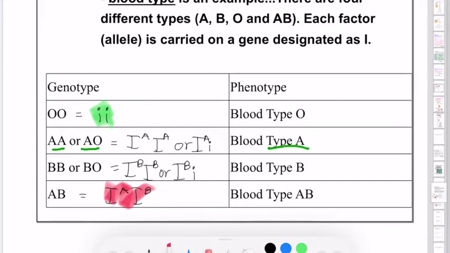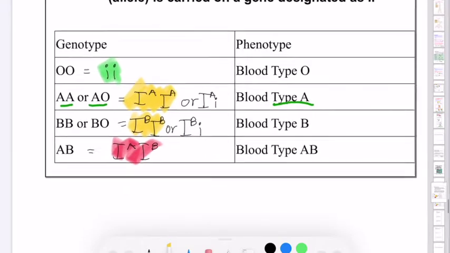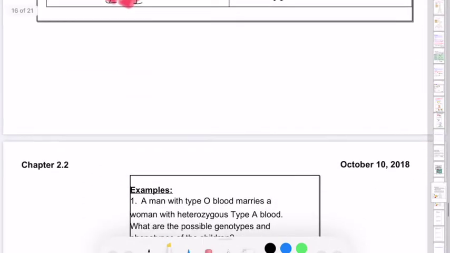And then if we're looking at our, I guess, dominant one, we would say these ones would be. But it's a little bit not cut and dry, and that's why they're called multiple alleles.